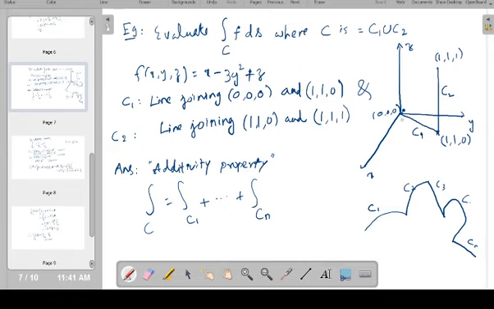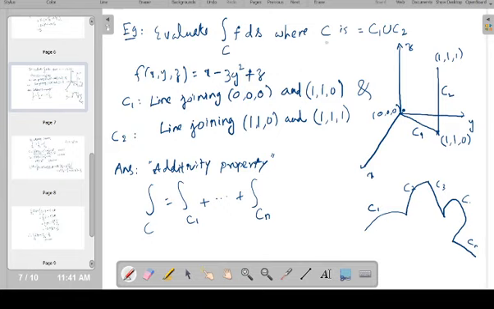So in general our conclusion is the value of the integral depends on the curve C. Another thing which is very important, which I forgot to mention, the value of the integral does not depend how C is parameterized.